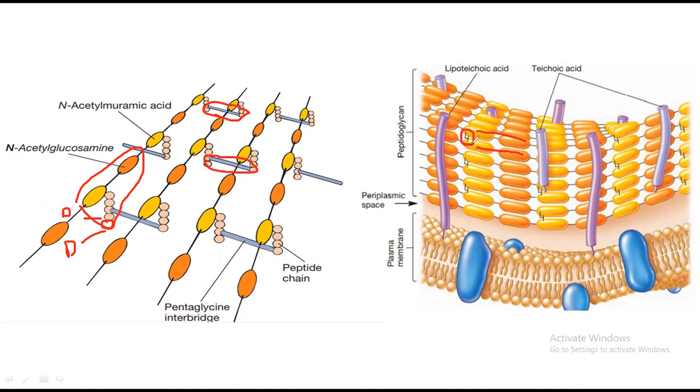So if we are not having the fifth amino acid D-alanine, the enzyme cannot act upon it, and it will not bind the two layers to each other. If we are not having the fifth D-alanine, the enzyme that is used in the binding of these two layers cannot act, and these two layers cannot be formed.